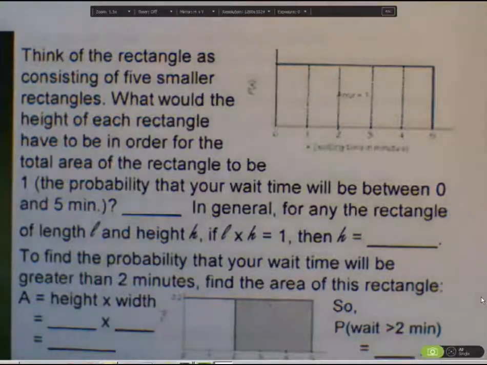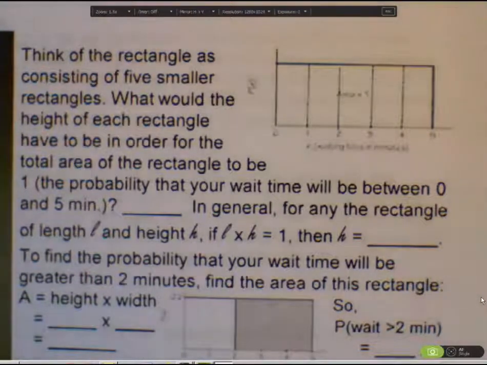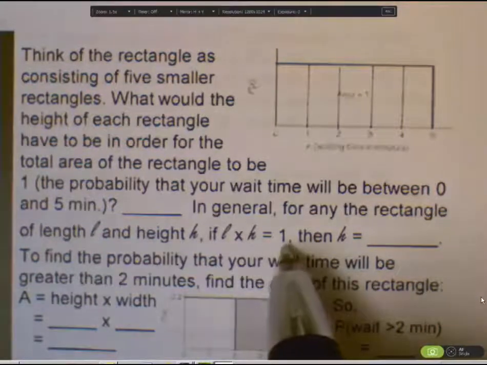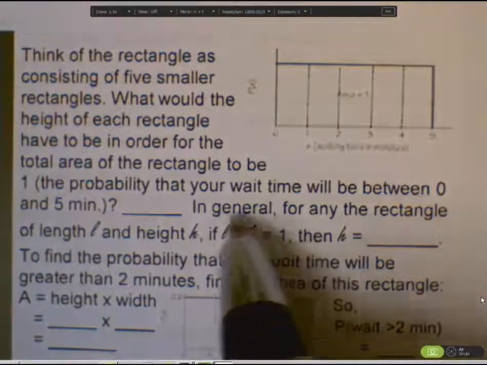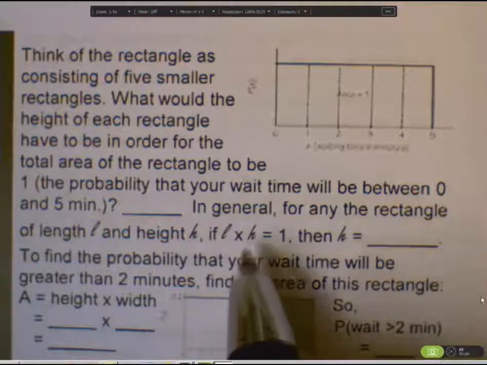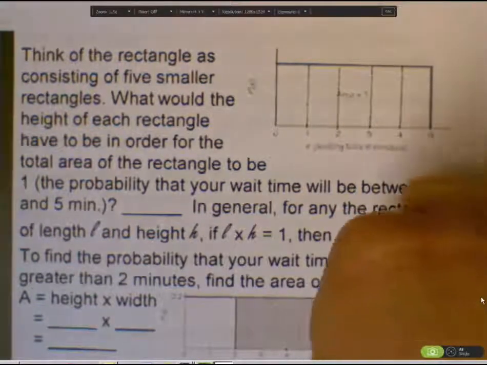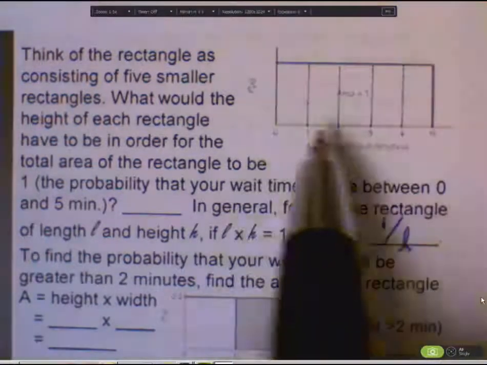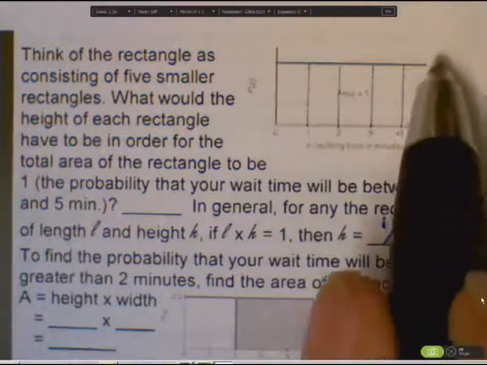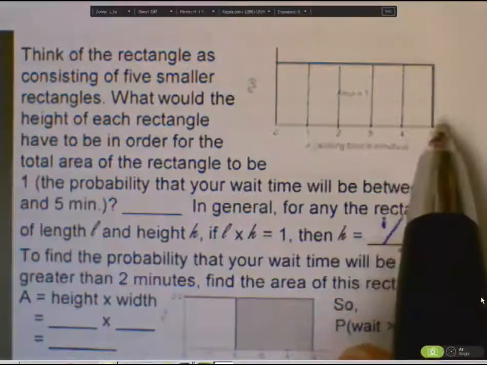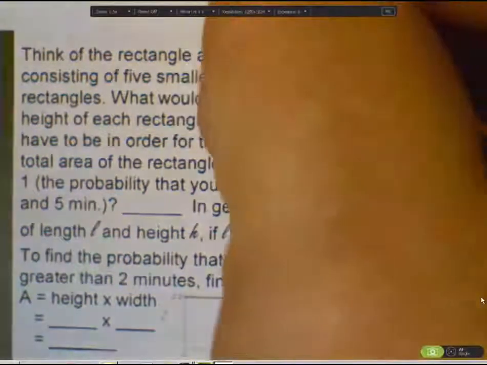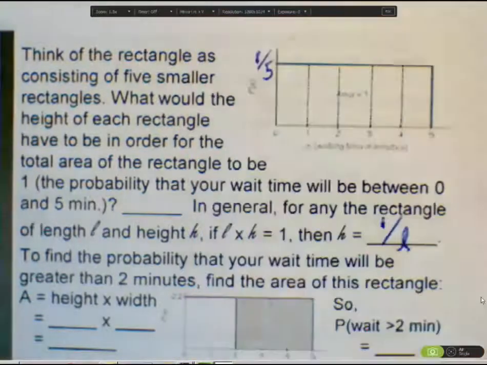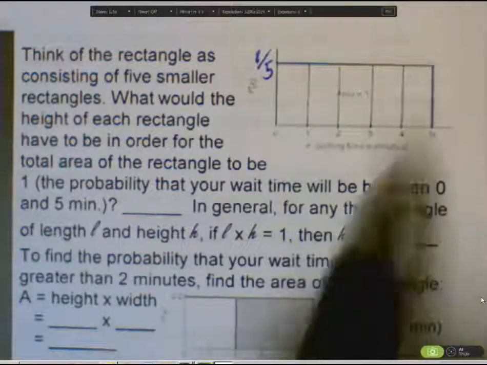In general, for any rectangle of length L and height h, if L times h is going to equal 1, if you solve that equation for h, then h is going to have to be 1 over L. Or for this rectangle of length 5, for that entire rectangle to have an area of 1, the height of that rectangle would have to be 1/5. 1/5 times 5 gives you 1.